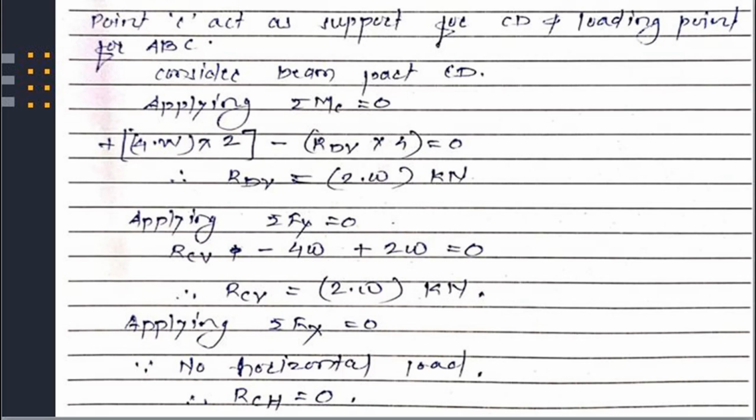Therefore we get RCV is equal to 2W kilonewton. Now resolving all the forces in horizontal direction and applying condition of equilibrium, that is applying summation of Fx is equal to 0. Since there is no horizontal load, therefore RCH is equal to 0.